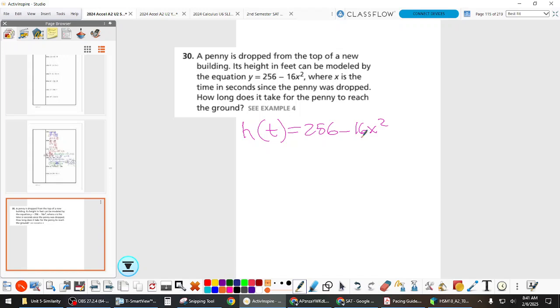Anyway, it says, how long does it take for the penny to reach the ground? So what are we solving for? That t right there, not X. What's the height when it reaches the ground?